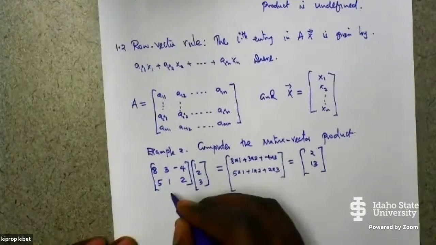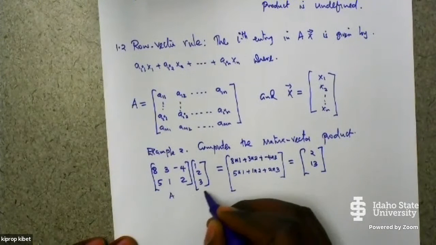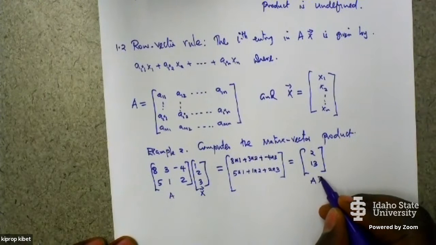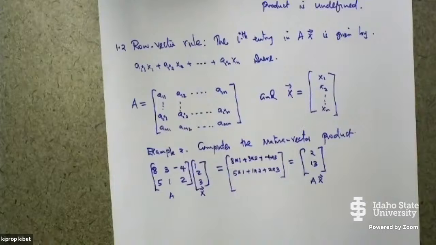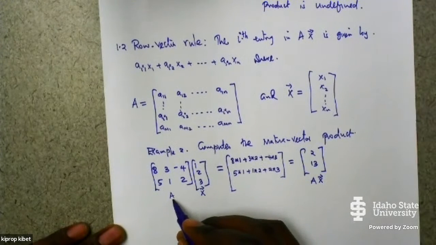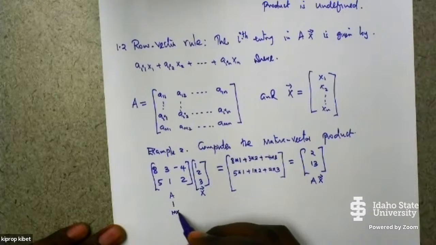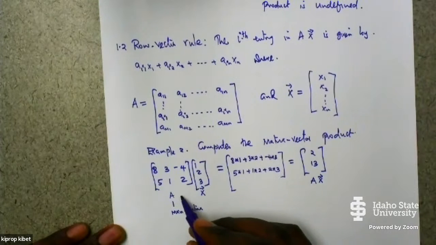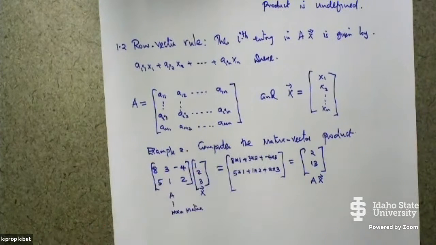Here is A, and this one is x. Now, this is an m by n matrix, and the entries here are in Rn.